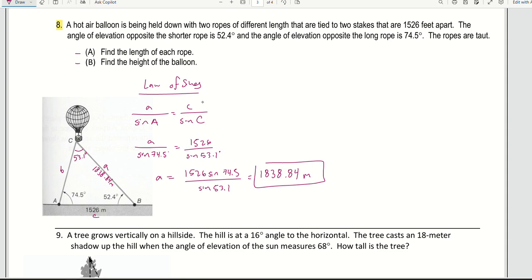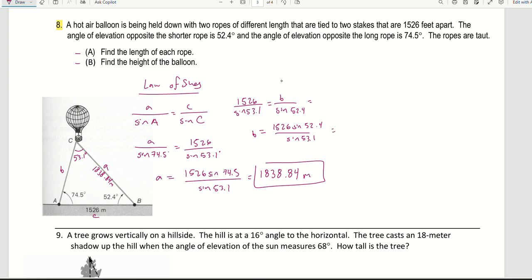We are going to redo it, except this time we're going to find b. So we know this entire C chunk, so let's just rewrite that. 1526 over sine of 53.1 equals little b over sine of big B, which would be 52.4. So that means little b is going to be equal to 1526 times sine of 52.4, all divided by sine of 53.1.